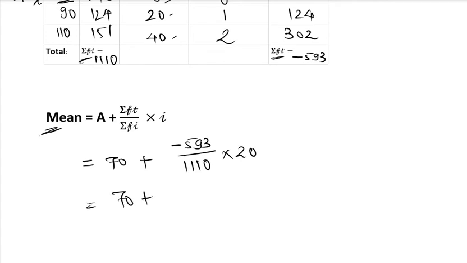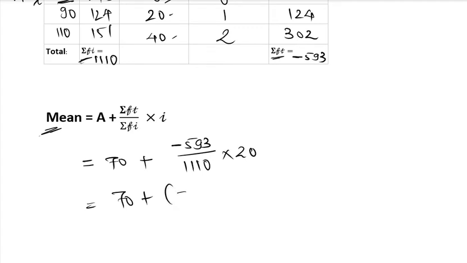Let us find this out. So minus 593 divided by 1110 is minus 0.53, multiplied by 20, that is minus 10.6.